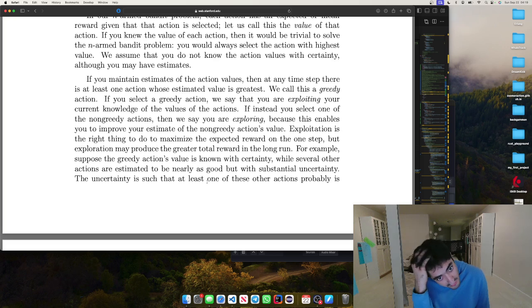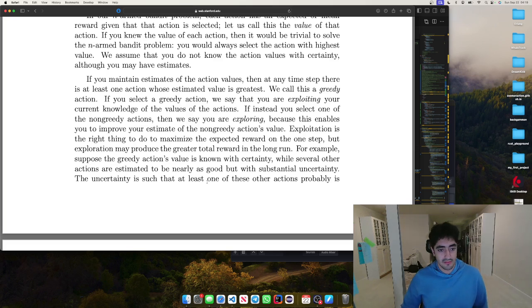If instead you select one of the non-greedy actions, then we say you are exploring, because this enables you to improve your estimate of the non-greedy action's value. Exploitation is the right thing to do to maximize the expected reward on the one step, but exploration may produce the greater total reward in the long run.